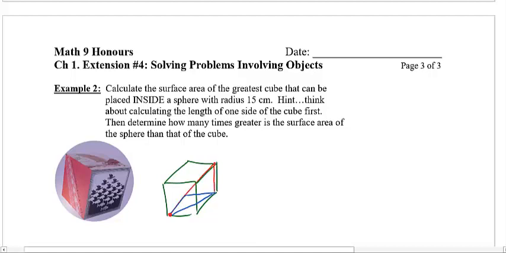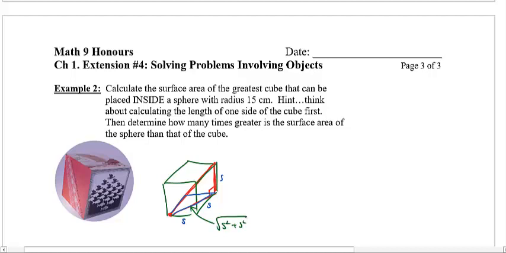And to calculate that, you see how it's a right angle triangle. So if we call the sides S, S, and S, the diagonal of the base of the cube, let's call it this distance here, will just be the square root of S squared plus S squared.